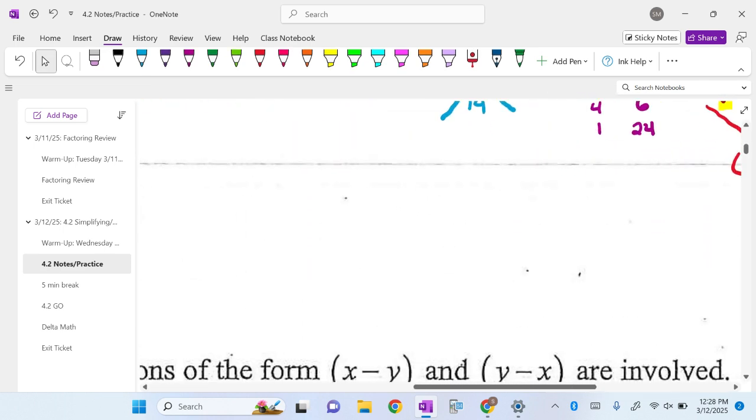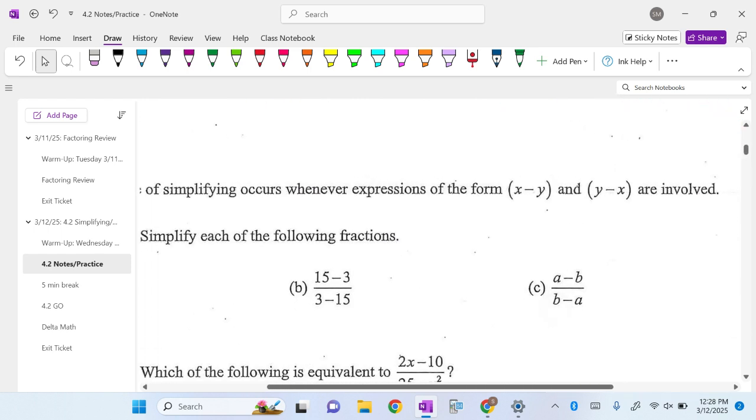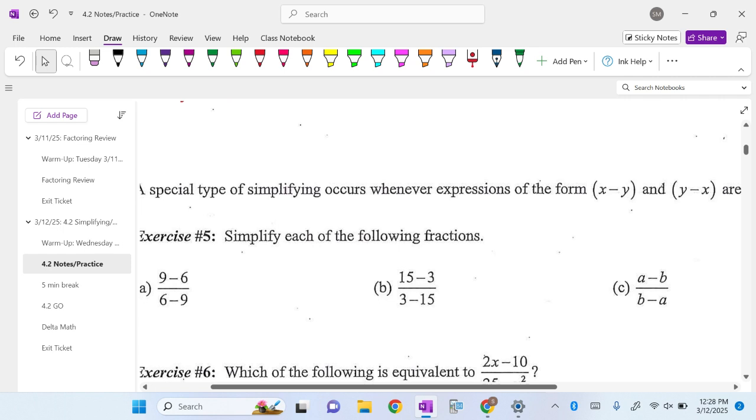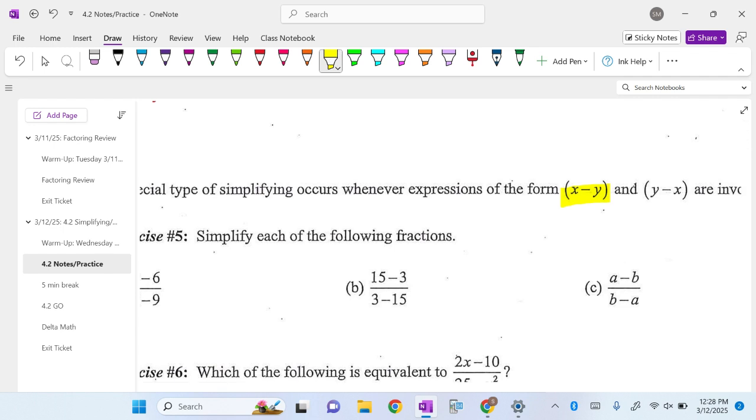All right, last thing that I want to mention is sometimes you're not technically given the same factors, but you can finagle them to give you the same factors. Because if I have x minus y and y minus x, all right?